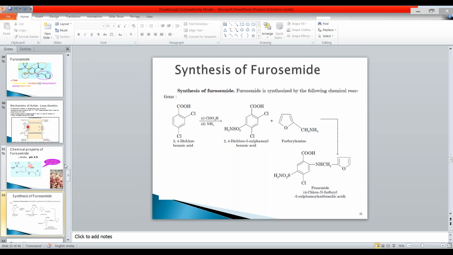All of them cause edema. You can use furosemide or bumetanide to get rid of the edema caused due to these 3 chronic conditions. Okay, so with this we finish with the loop diuretics also.